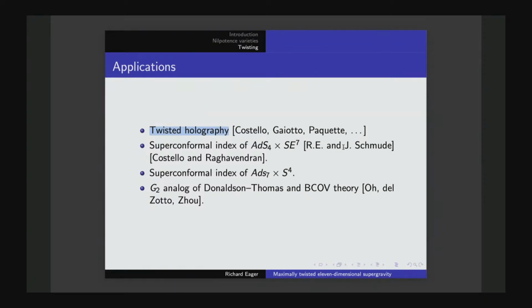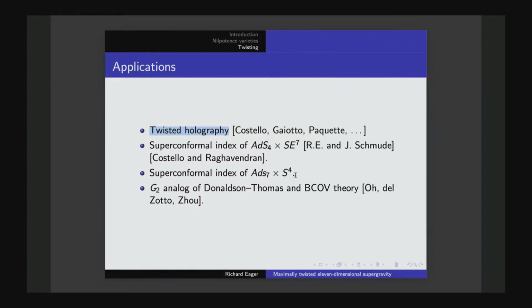With Johannes Schmude, we computed the superconformal index of AdS4 times a generic Sasaki-Einstein 7-manifold in terms of holomorphic data for the Calabi-Yau cone over the Sasaki-Einstein. I've been informed that Costello and Raghavendran are actually rederiving these results directly in twisted holography. And you can also consider the superconformal index of AdS7 times S4.